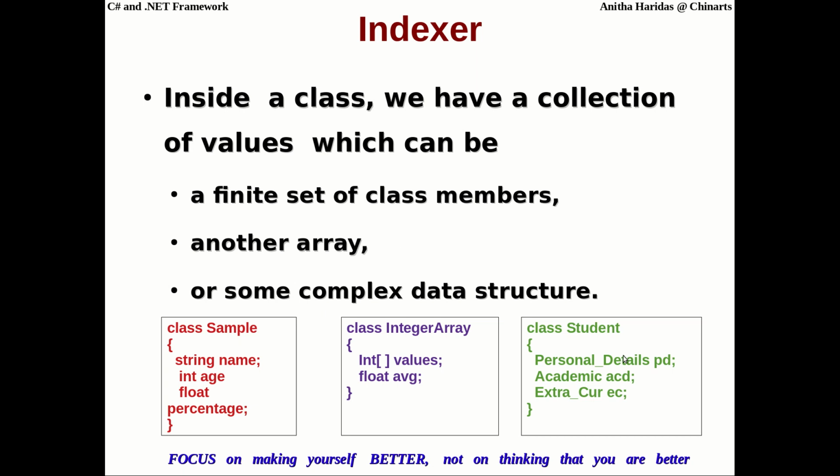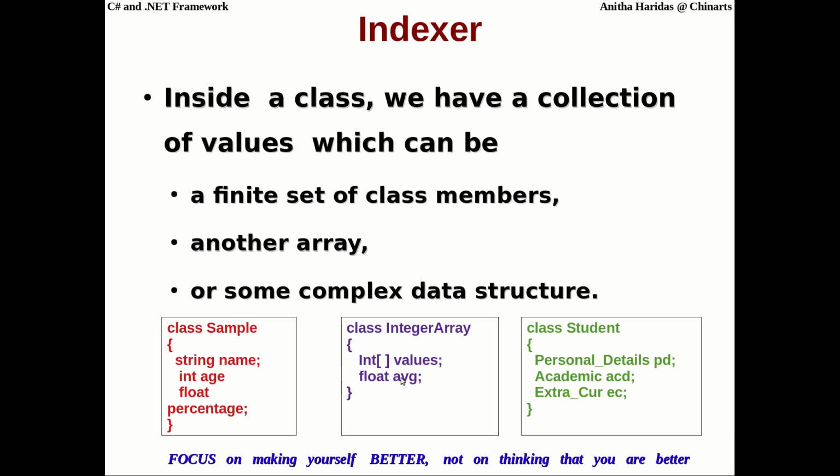If this is the case, if I want to access any of these members or the elements of a particular member, I repeat, if I want to access any member or elements of a member, say for example, name is one of the members, age is one of the members.